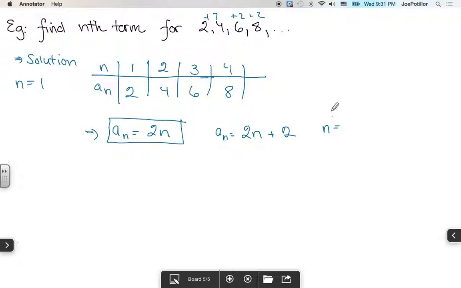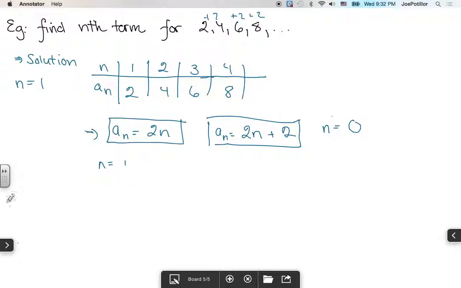That would be defined at n equals 0 instead of n equals 1 like this one. This is defined at n equals 1, and the other is defined at n equals 0. But that doesn't really matter. You can write it as either one, but we won't worry so much about that necessarily. And we'll see why this one is correct versus this one.